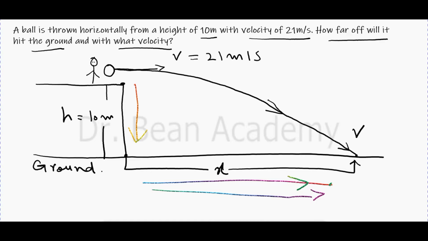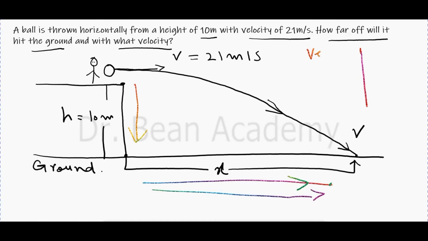I discussed in detail in my lectures about projectile motion that whenever you have a motion in two dimensions like this, you can split the problem into two sections because these two motions are totally independent of each other and have no influence on each other. So you can consider them as two separate motions.